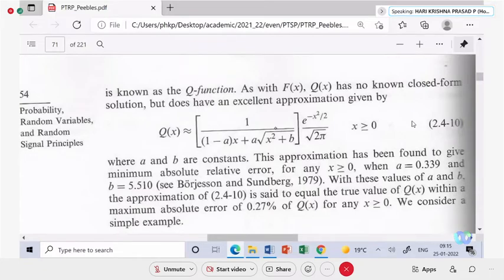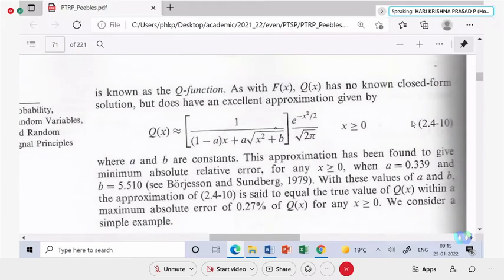When those two values are chosen in this expression, then q of x is differing from f of x by an amount of 0.27%. That means for the values we compute, the values differ by 0.27%. So small difference, right?